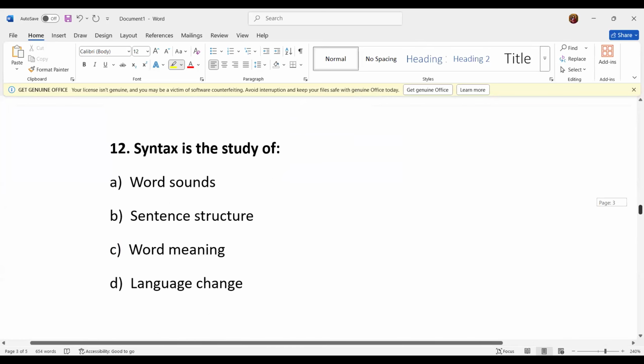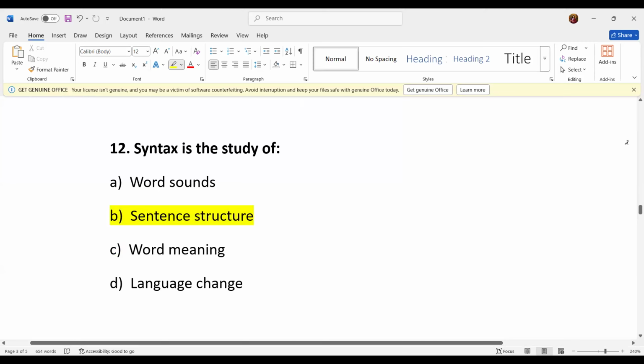Syntax is the study of. You are giving answer as B. Yes, that is the correct answer.